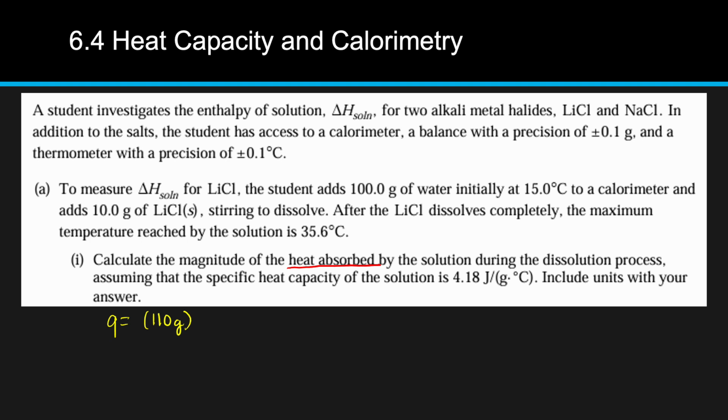And then my specific heat is going to be for the solvent, which is water, and that is 4.18. And then my change in temperature is from 50 degrees Celsius to 35.6 degrees Celsius, which is 20.6 degrees Celsius. We can see that we are only left with joules, and that's going to give me 9,470 joules. You could also answer it in kilojoules, which would be 9.47.